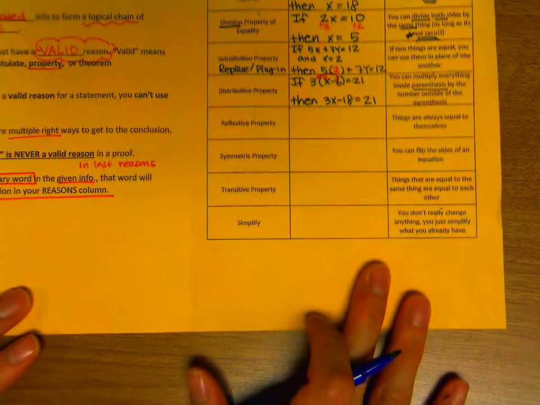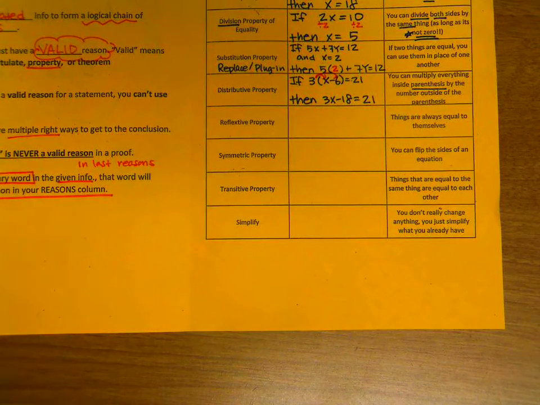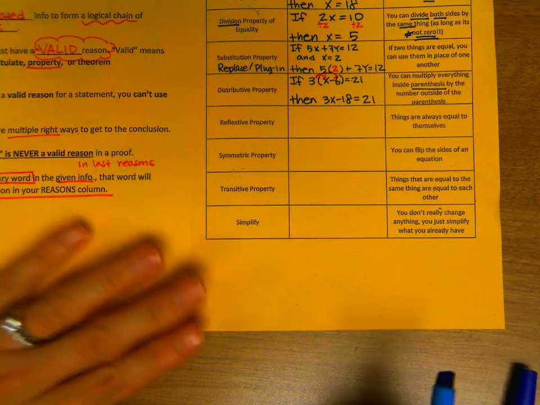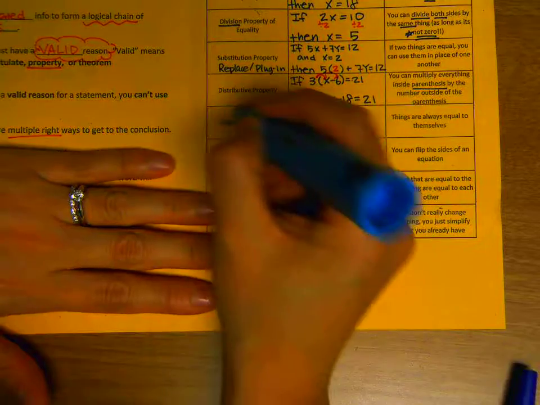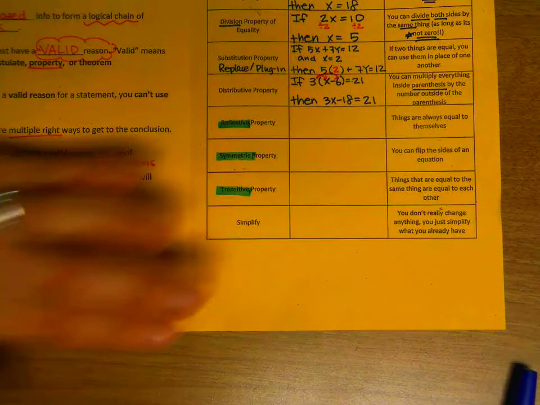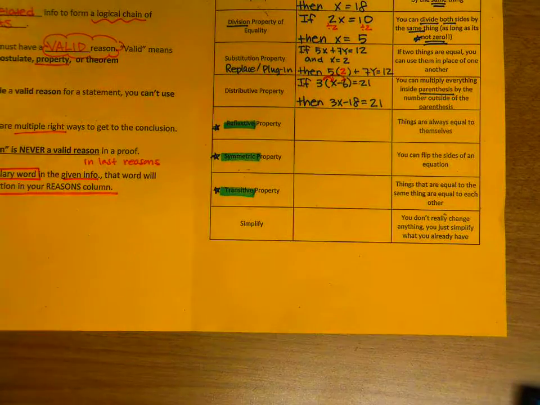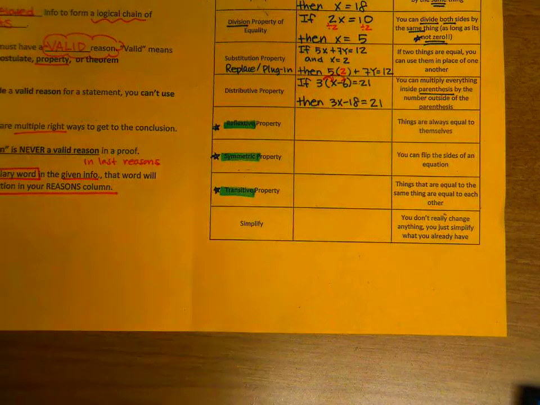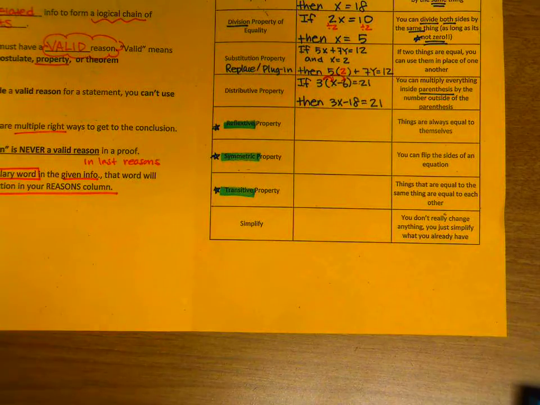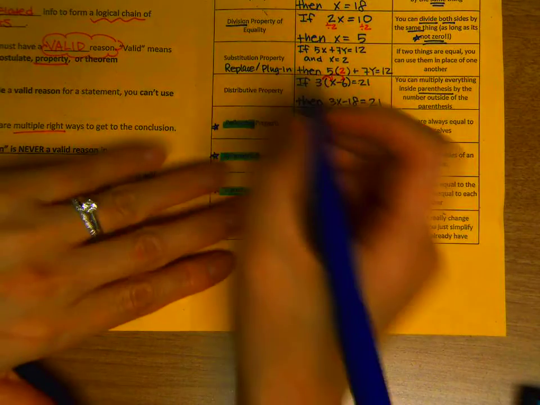I'm sure some of you have heard about reflexive, symmetric, and transitive properties before, but I'm sure a lot of you have not heard about these properties. This is new. I'm going to even put stars because we're going to be using these properties a lot of times in geometry. So reflexive really means reflect. It's coming from reflect.